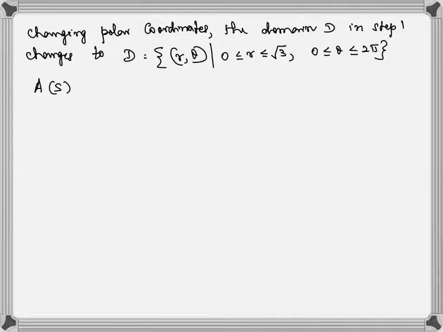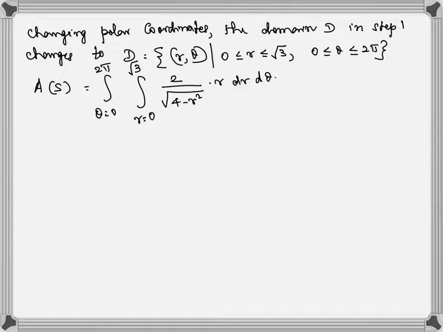So we get area of surface equal to integral theta running from 0 to 2 pi, r running from 0 through square root of 3, then 2 divided by square root of 4 minus r square, then dA changes to r dr d theta in polar coordinates.